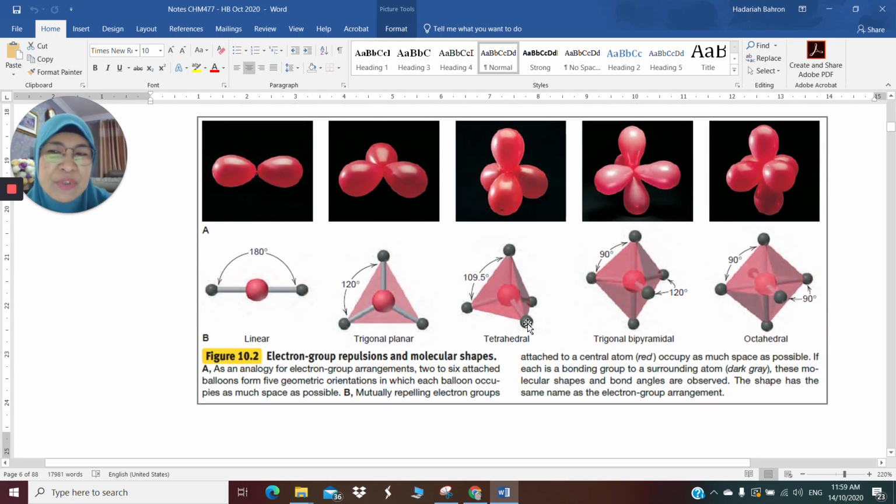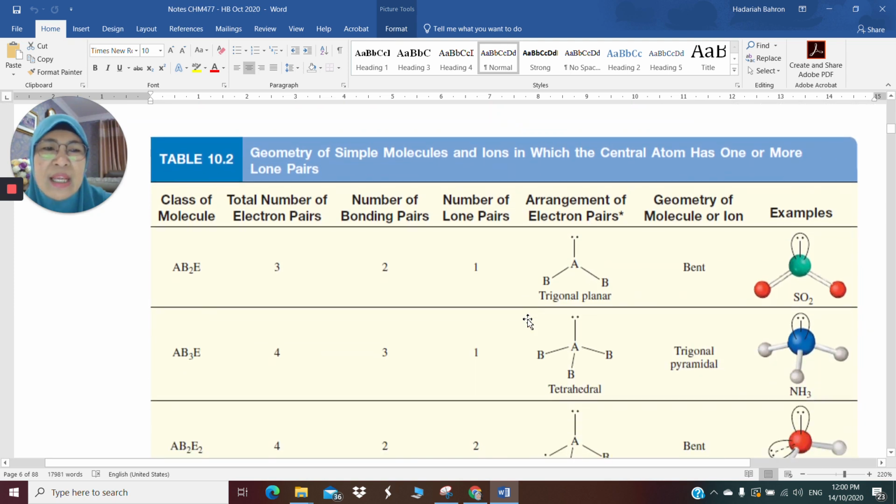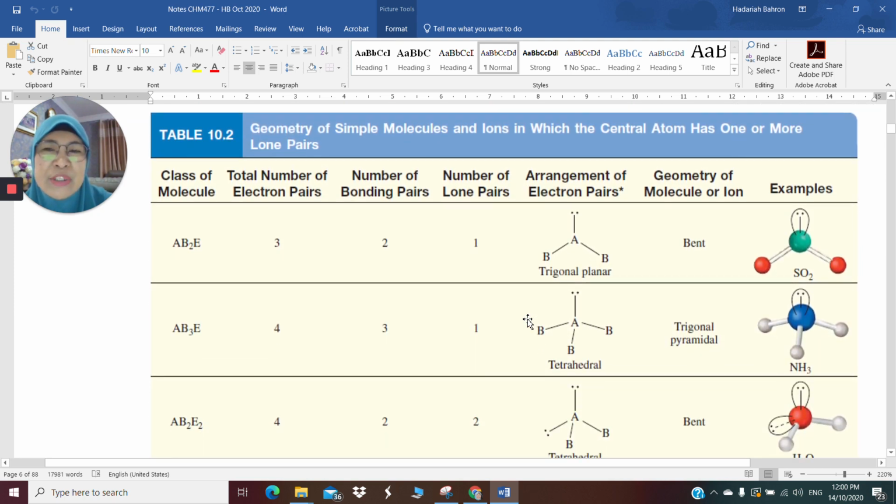Now, what happens when you have a lone pair of electrons in the calculation? Table 10.1 at the top just now only accounts for all bonding pairs. Now table 10.2 accounts for bonding pairs as well as lone pairs.